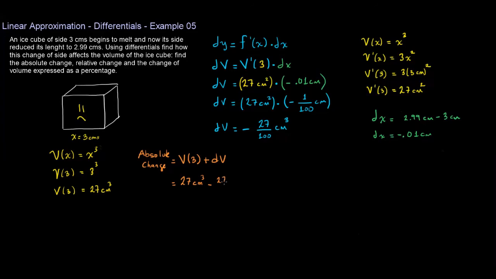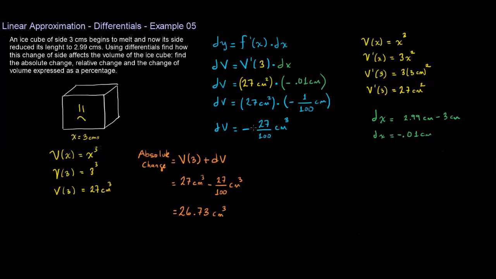So this absolute change would be 26.73 centimeters cubed. So this change of side from 3 to 2.99 centimeters will change the volume to 26.73 centimeters cubed.